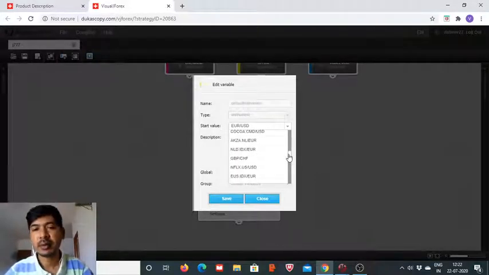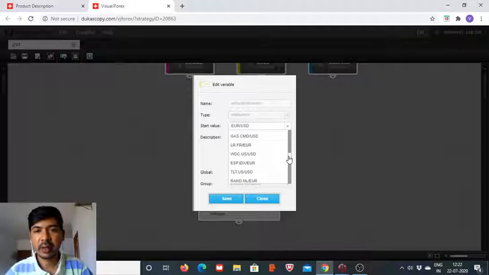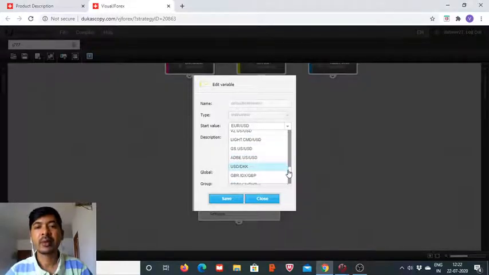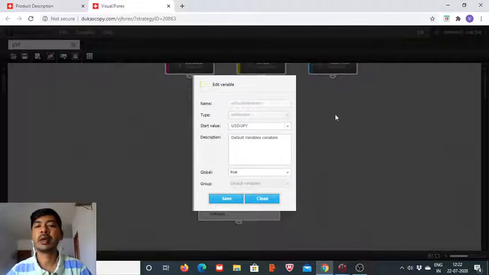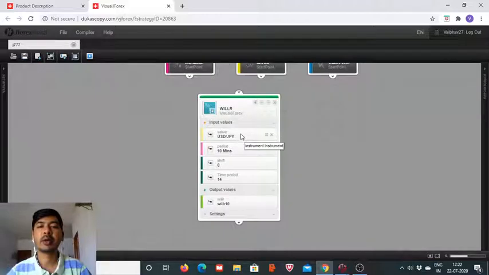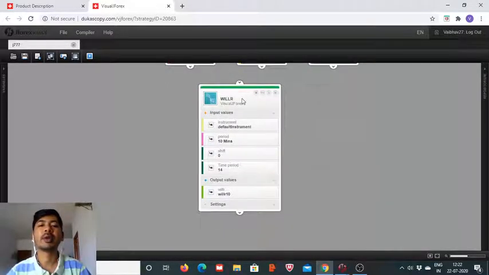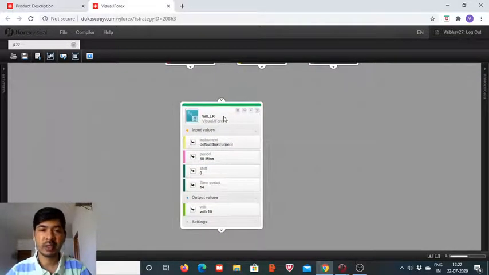You have to find any instrument which you want to use in this list, and then select it, and your algorithm will be using that particular instrument. So here we are defining the default instrument as USD JPY. So USD JPY will be the instrument of our choice for this session.